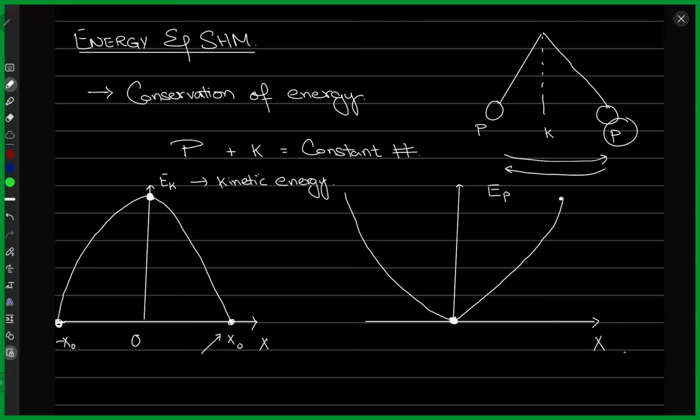So it's a parabola like this, where this corresponds to one extreme position, while this corresponds to the opposite extreme position, right? So is that clear for everyone? Does everyone understand why this graph is the opposite of the kinetic energy graph? Yes, sir.